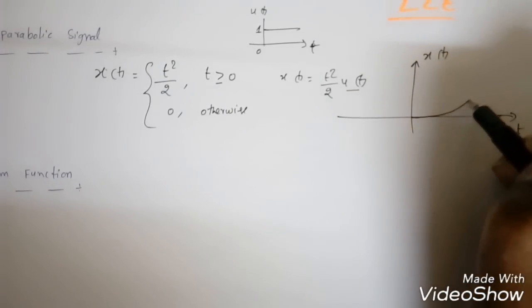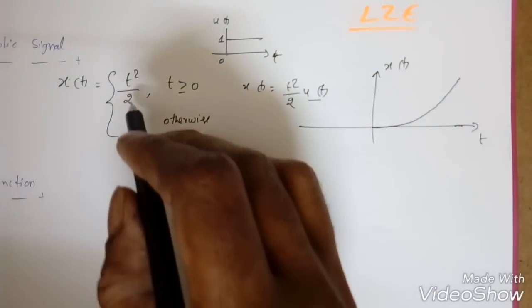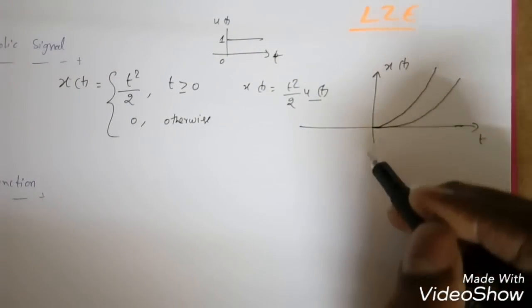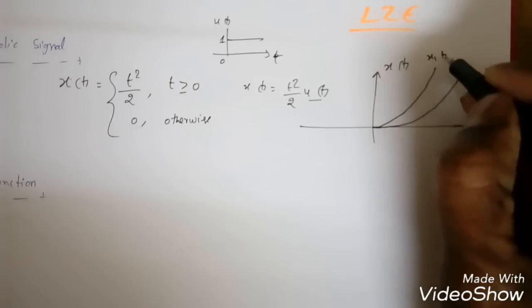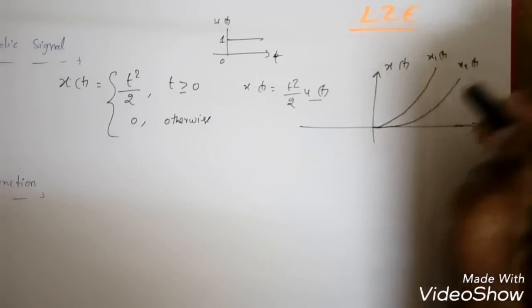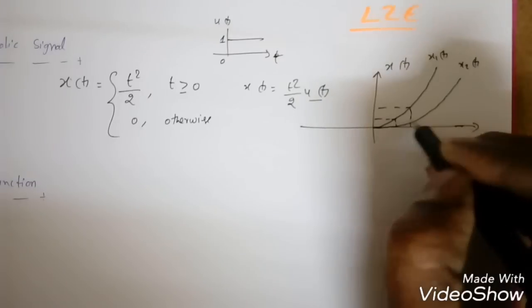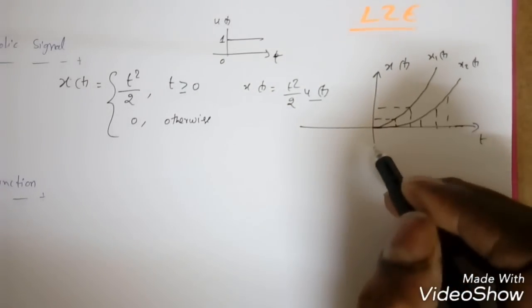We know this is a parabolic signal. Depending on the slope, we can have different curves like this, suppose this is x1 of t and this is x2 of t. At different points we get different amplitudes. So this is the parabolic signal.